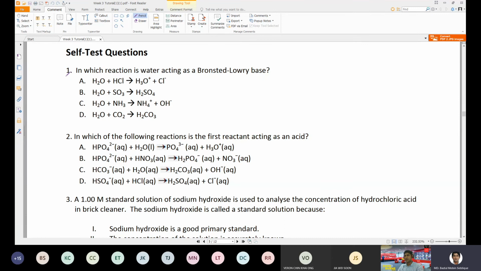So first one, Bronsted-Lowry acid and base, right? What is Bronsted-Lowry acid and base? That is the thing we have to know first. Bronsted-Lowry acid and base is whichever species can donate a proton, that is hydrogen ion. Hydrogen ion is also called a proton because there is only one electron.